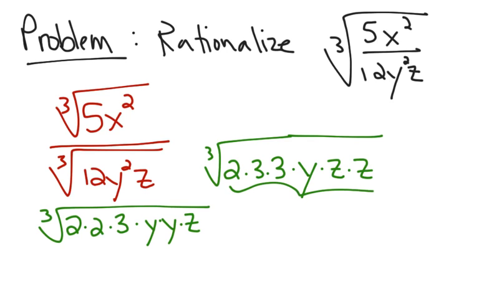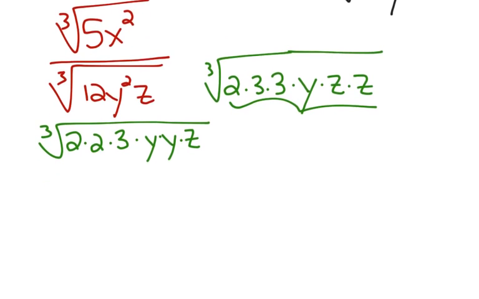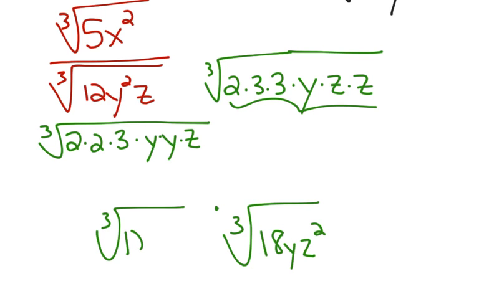Alright, so that simplifies into the cube root of 2 times 3 is 6 times 3 is 18 yz squared. So I'm going to multiply the cube root of 12y squared z by the cube root of 18yz squared.